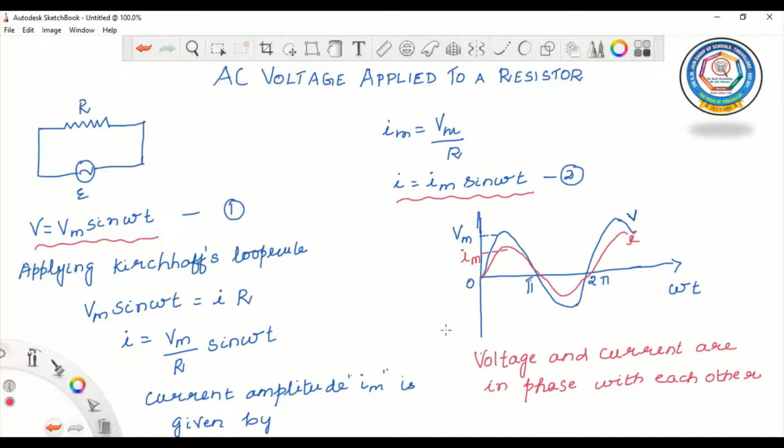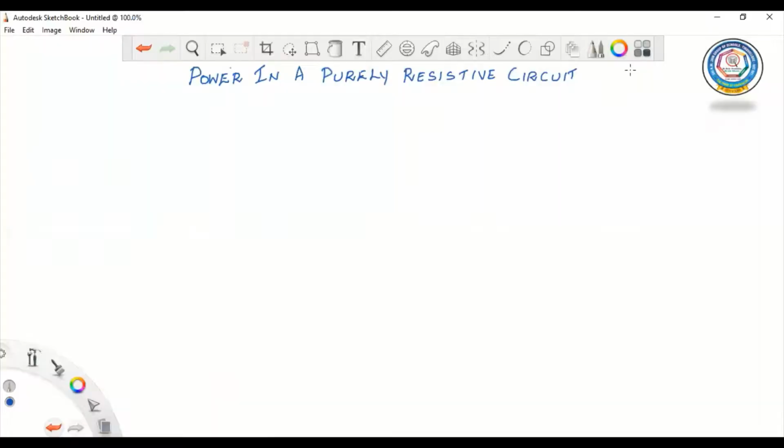Now, let us also calculate what is the power in a purely resistive circuit. We see that like the applied voltage, the current varies sinusoidally and has corresponding positive and negative values during each cycle. Thus, the sum of the instantaneous current values over a complete cycle is 0 and the average current is 0.